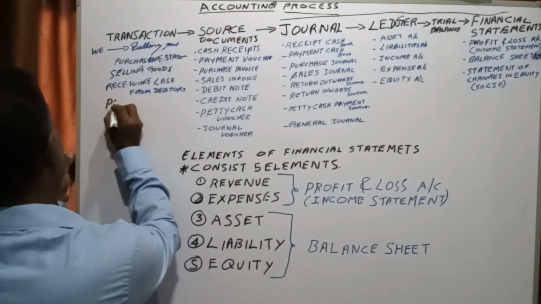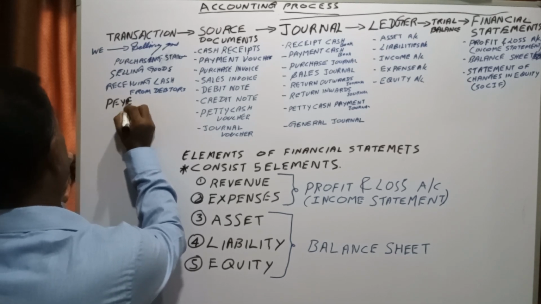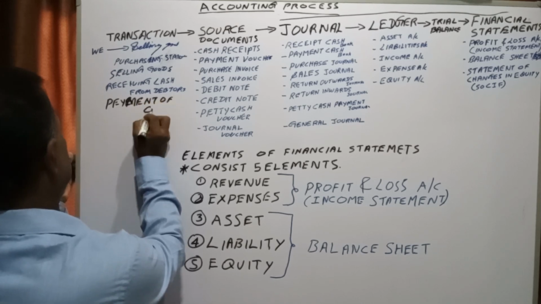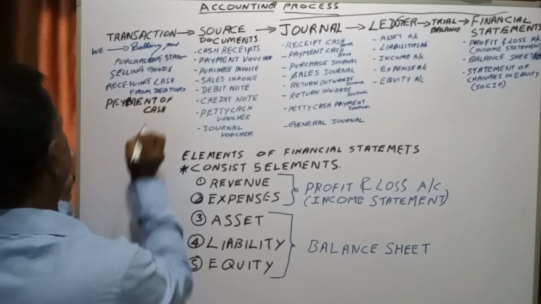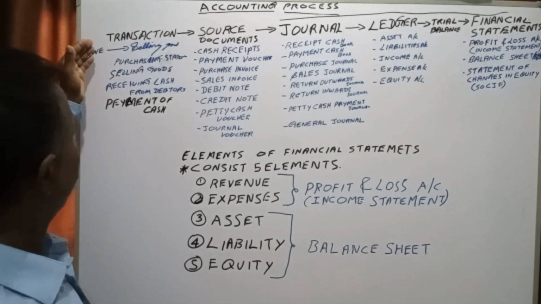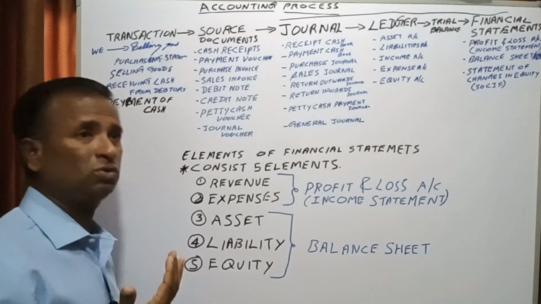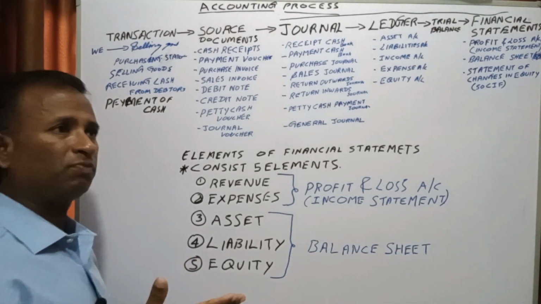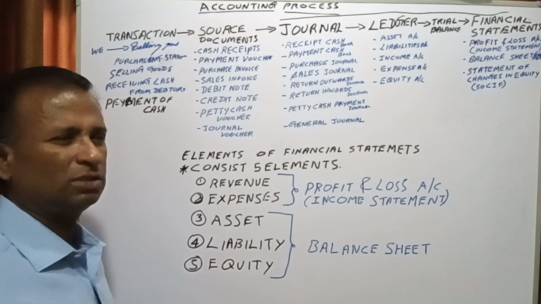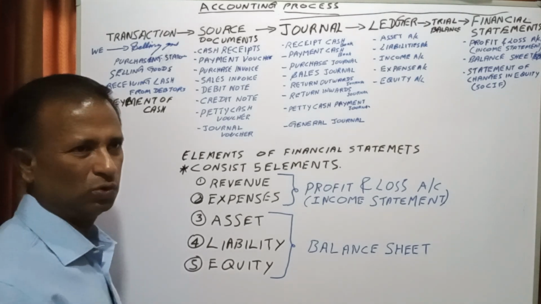Payment of cash, that is also one transaction. These are the different transactions. Returning the goods also: we are selling the goods to X, and he is not satisfied with the quality of the goods which we have sold to him.